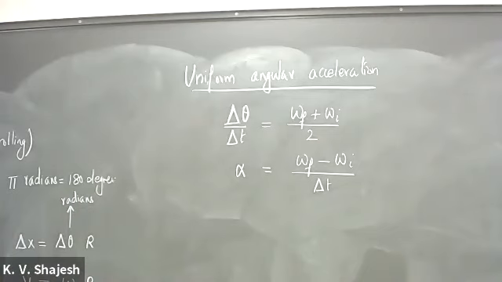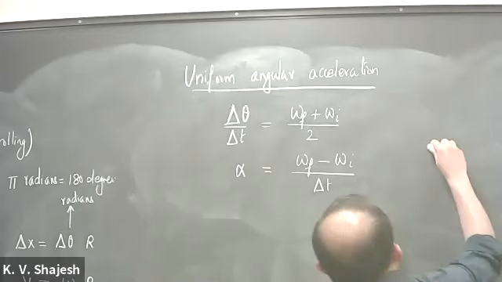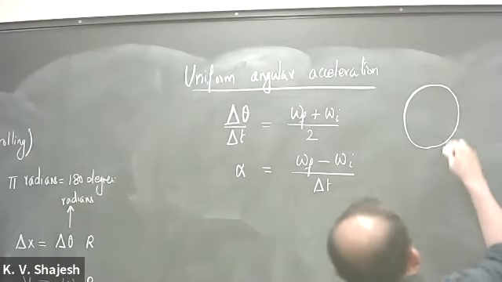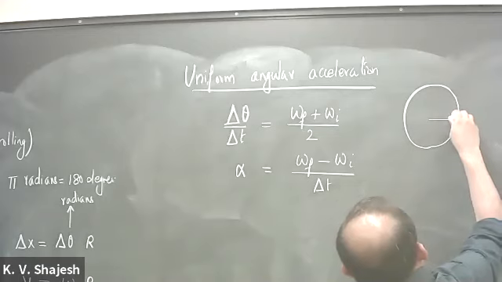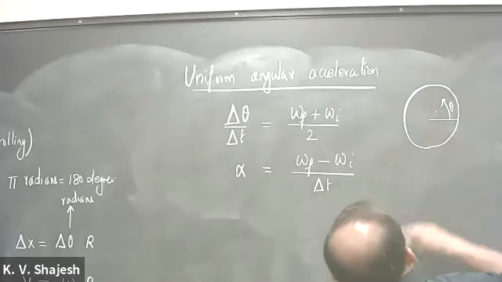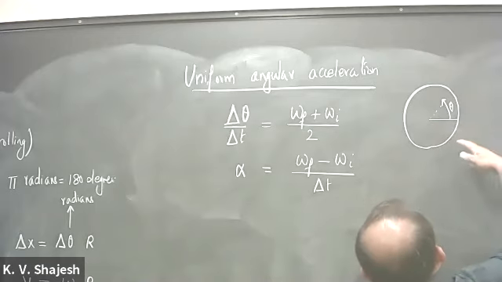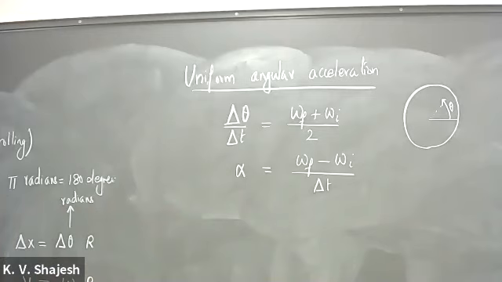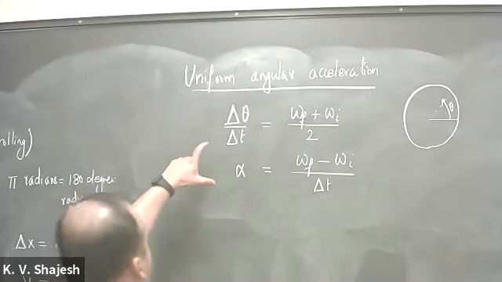So it is not a very hard thing to do, but this gives you a lot of insight into what's going on. Again, imagine you have a wheel or some circular motion happening, and that's your angle theta here, and how fast it is going. So that's your omega, and alpha is the rate at which that changes. But those are your two definitions.